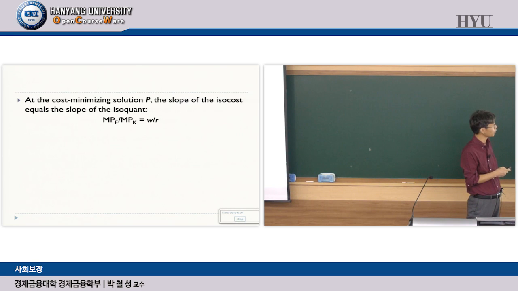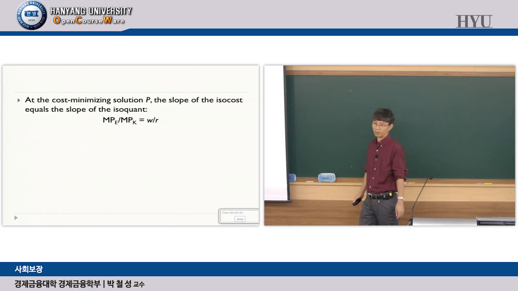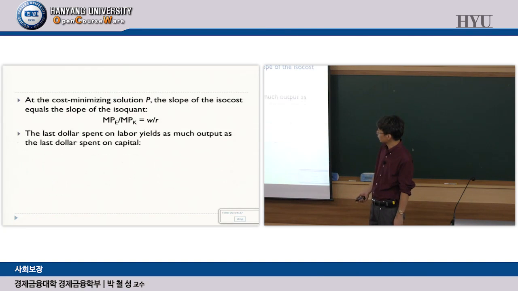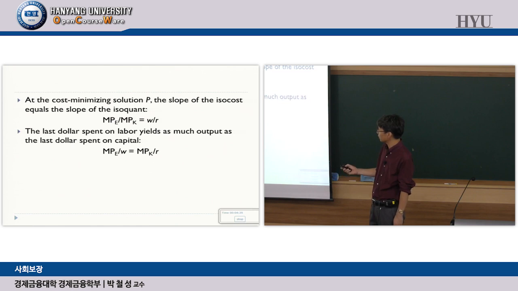You can think of this as the ratio of marginal product of labor to the marginal product of capital. So the ratio of gain should be equal to the ratio of cost. Okay, there is a little discussion about the intuition part, but it's not that intuitive if you think about it. But anyway, I'm just going to skip this.